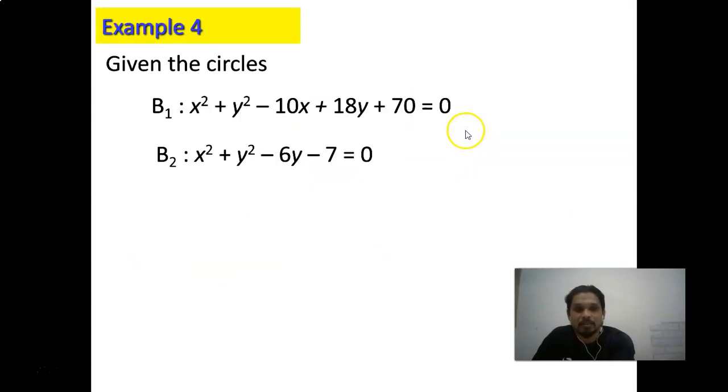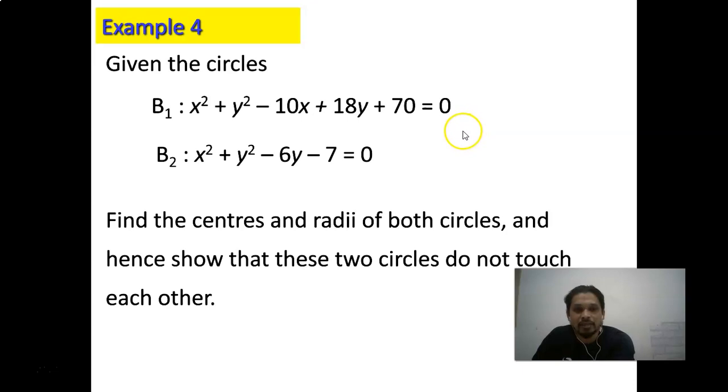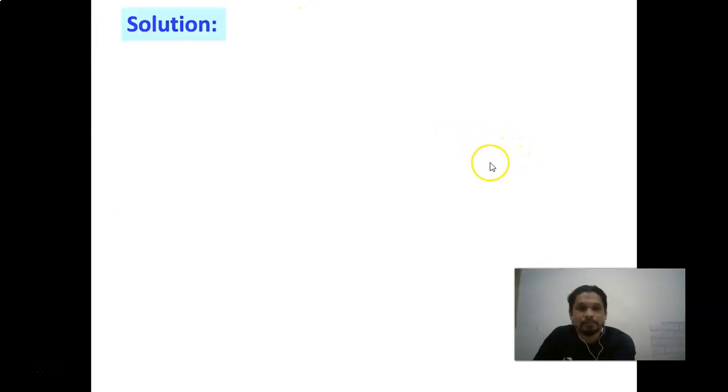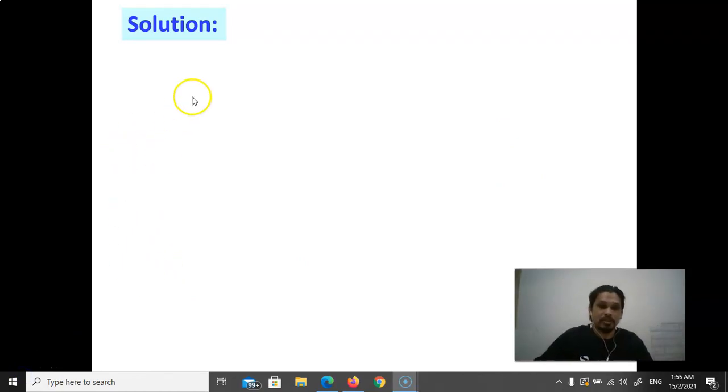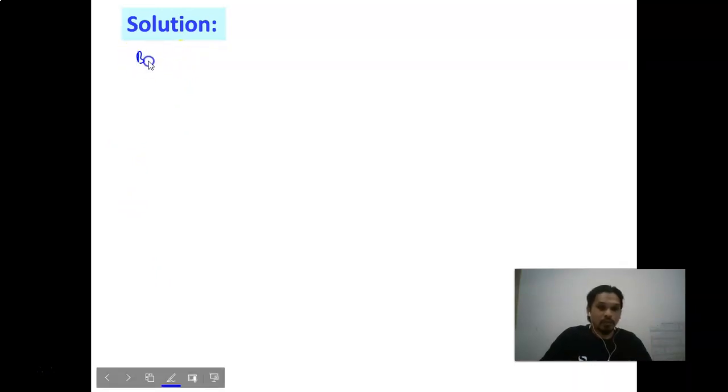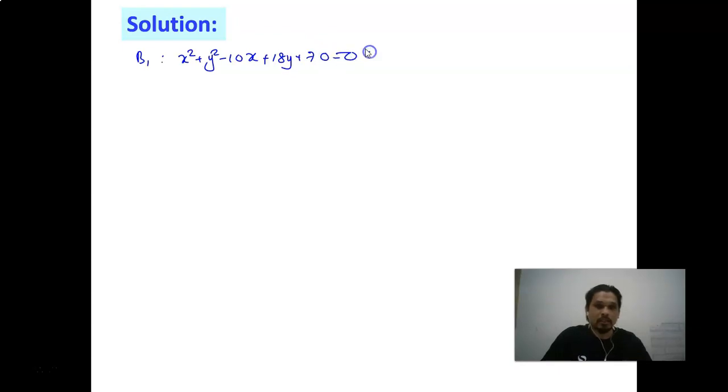Okay, Example 4, given the circles B1 and B2, find the centers and radius of both circles and hence show that these two circles do not touch each other. Okay, so for this example, let's copy out both of the equations of the circles given in the example just now. B1 is x squared plus y squared minus 10x plus 18y plus 70 equal to 0.